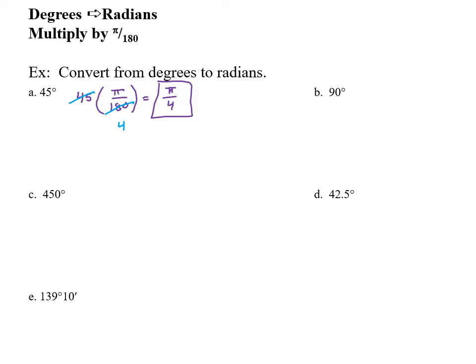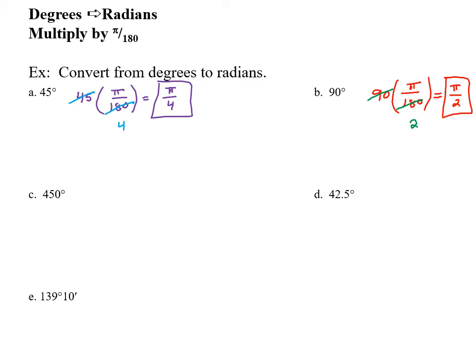So an angle of pi over 4 is the same thing as an angle of 45 degrees. Or if I was to do 90 degrees, if I took the 90 and multiplied it by pi over 180, well, 90 goes into 180 2 times. And so this becomes pi over 2. So an angle of pi over 2 would be the same thing as an angle of 90 degrees.